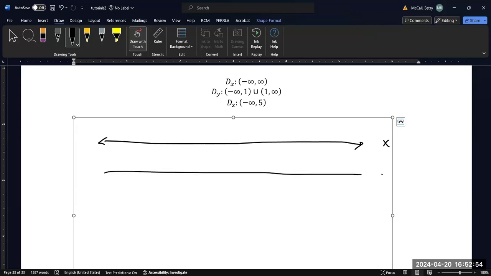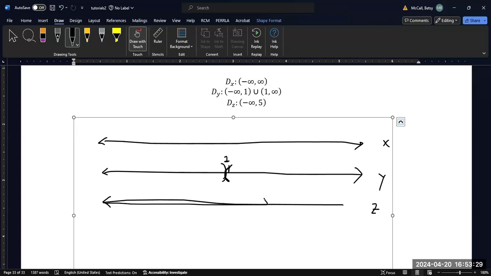In our y direction, we're going to go from -∞ to 1, and then we're going to pick up again at +1 and go forever. So we have a 1 that is not defined. And then for the z direction, we're going to go from -∞ up to and not include 5.